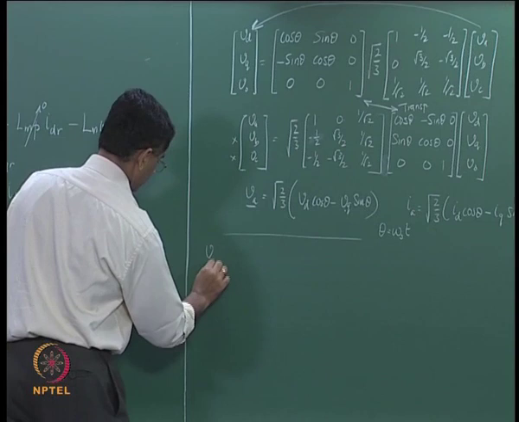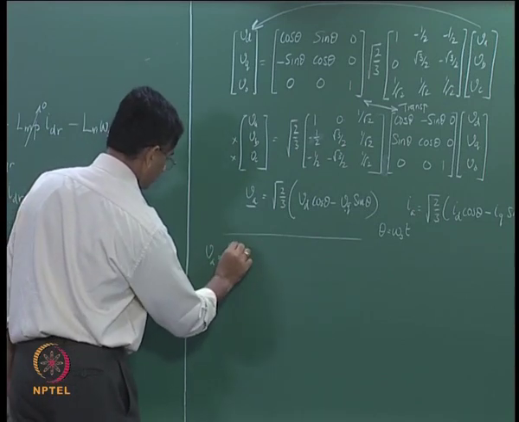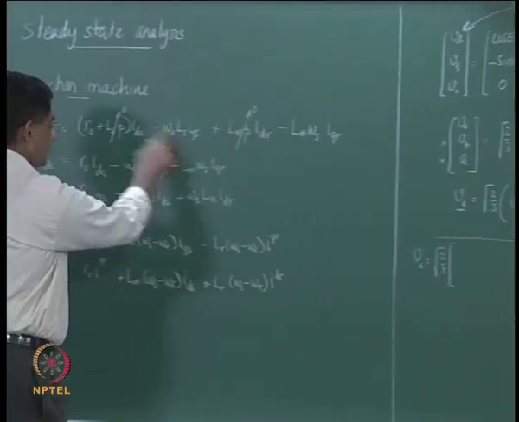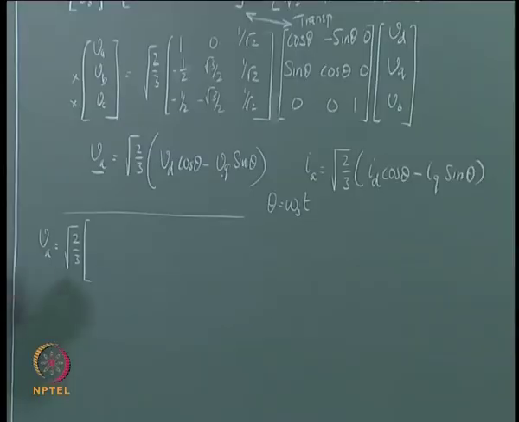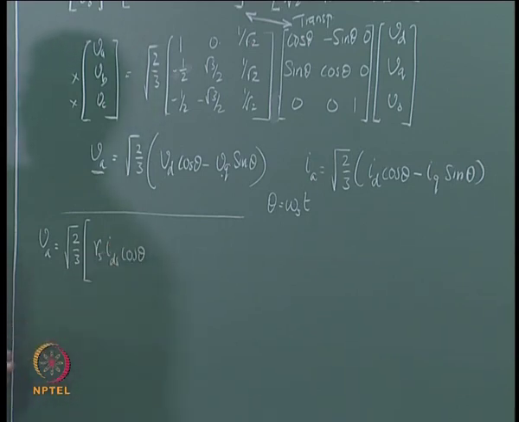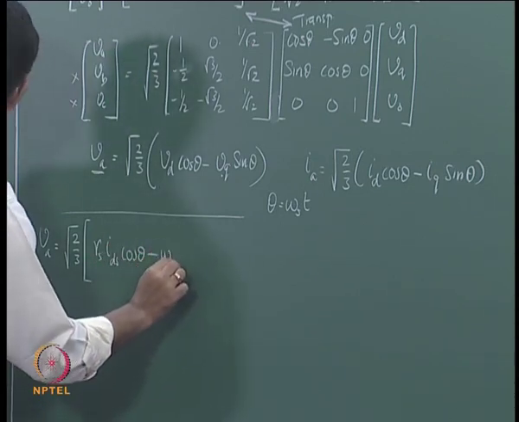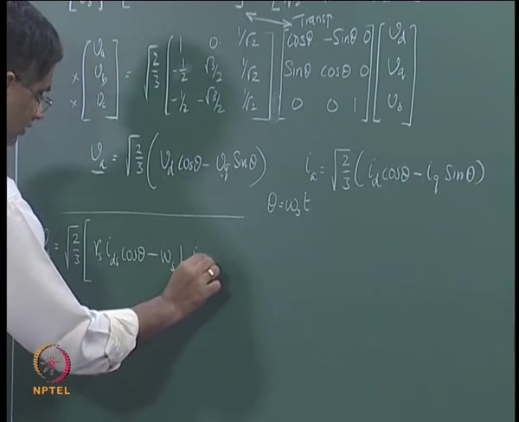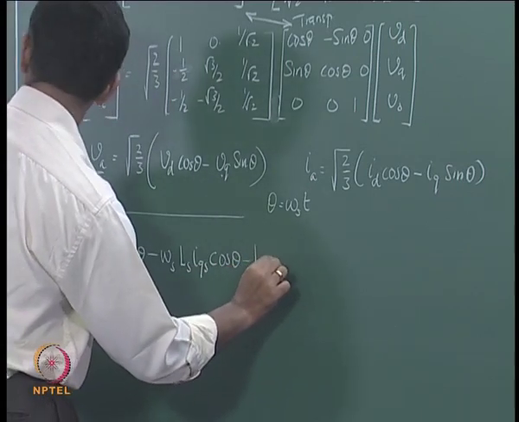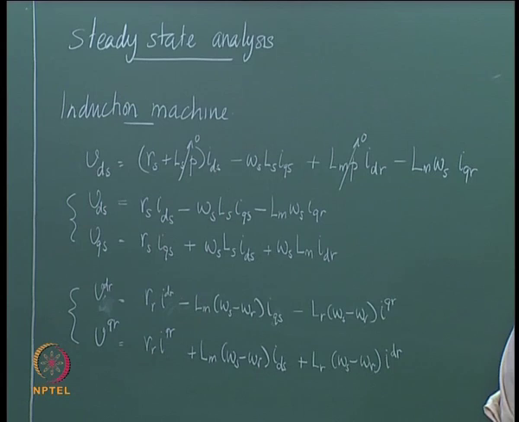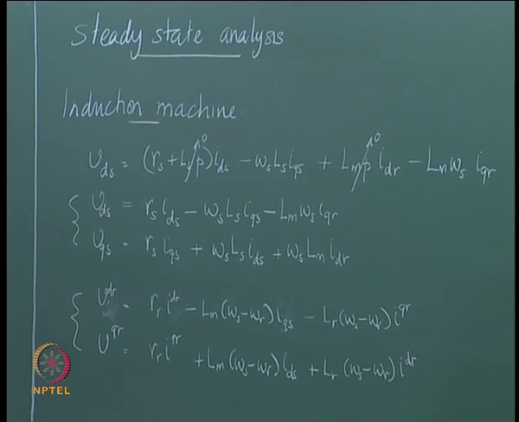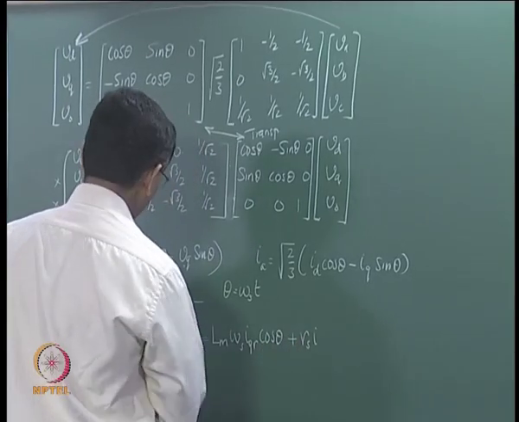and what we get is Va equals root of 2 by 3 into this expression multiplied by cos theta. So, that is Rs into Ids cos theta minus omega s Ls into Iqs cos theta minus Lm omega s Iqr cos theta, and then plus Rs it is minus Vq sin theta.